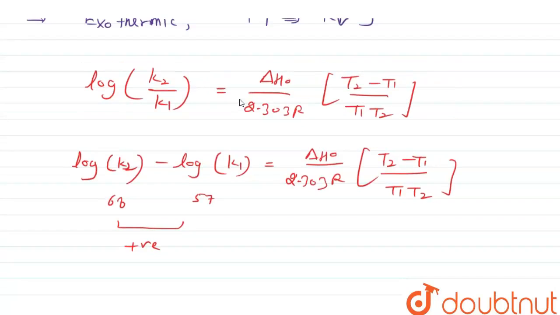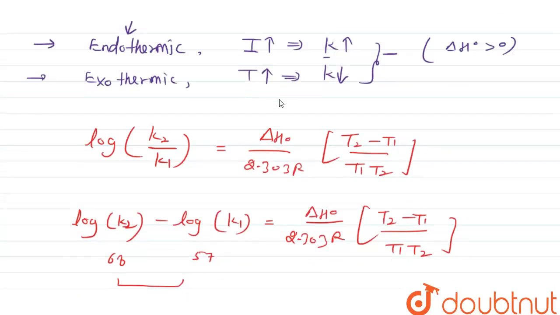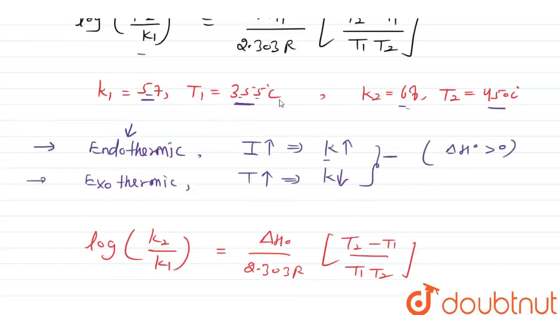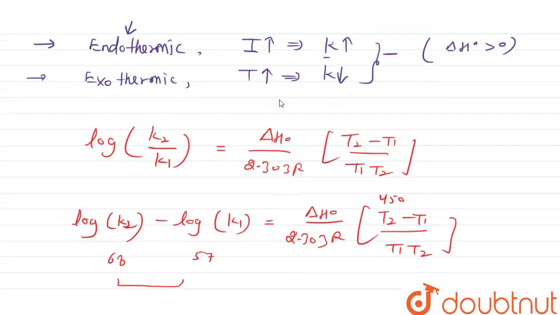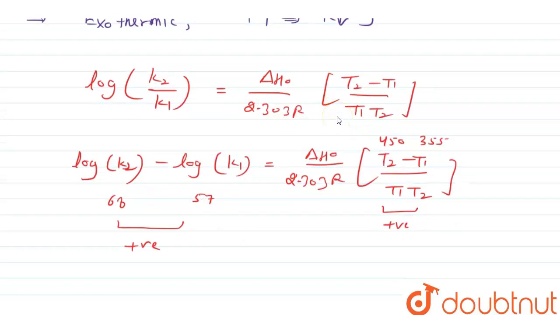Similarly, for T2 minus T1, our T2 is 450 and our T1 is 355. That means this number also comes out to be positive, because 450 is greater than 355.